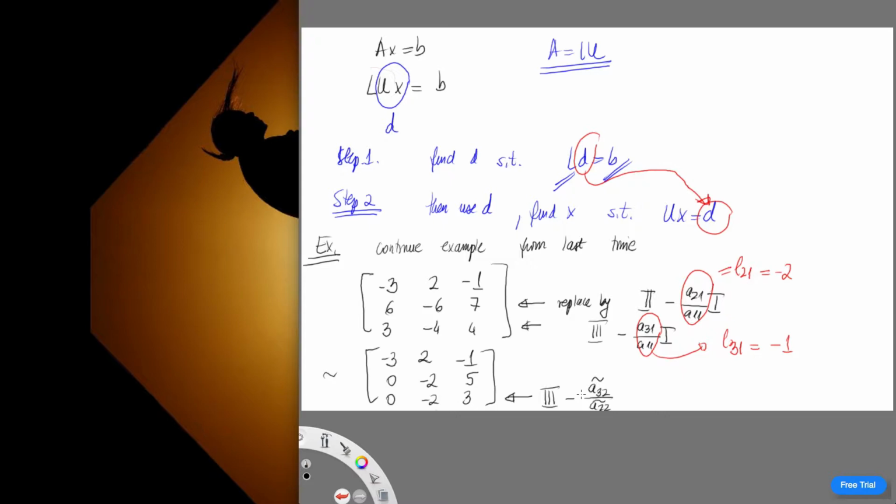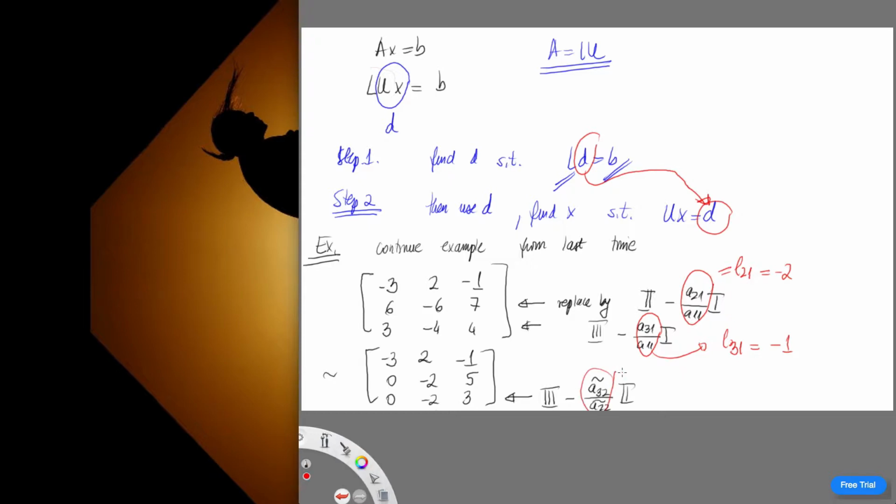So this is my new coefficient. This little tilde means I'm changing the matrix as I go, so take those changed elements, don't go to the original matrix.